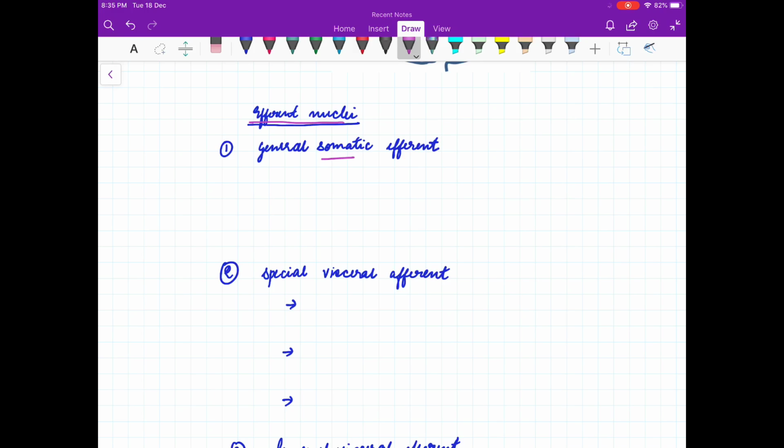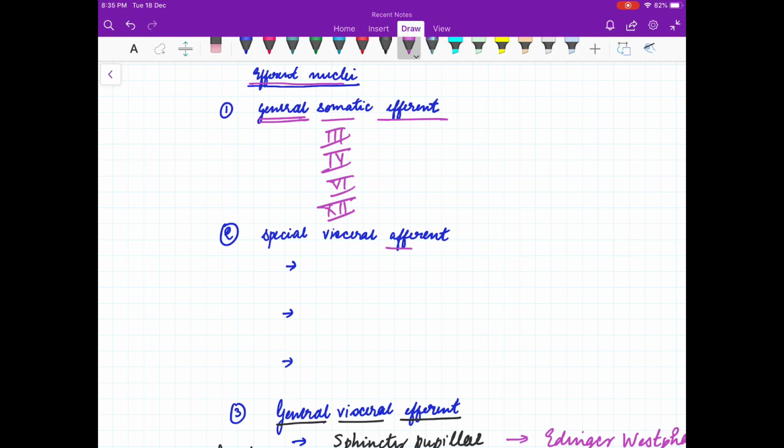General somatic efferent supplies the muscles derived from the somites. These are third nerve, oculomotor nerve, trochlear nerve, sixth nerve, abducens, and 12th nerve. In special visceral efferent, these are the muscles derived from the pharyngeal arches.